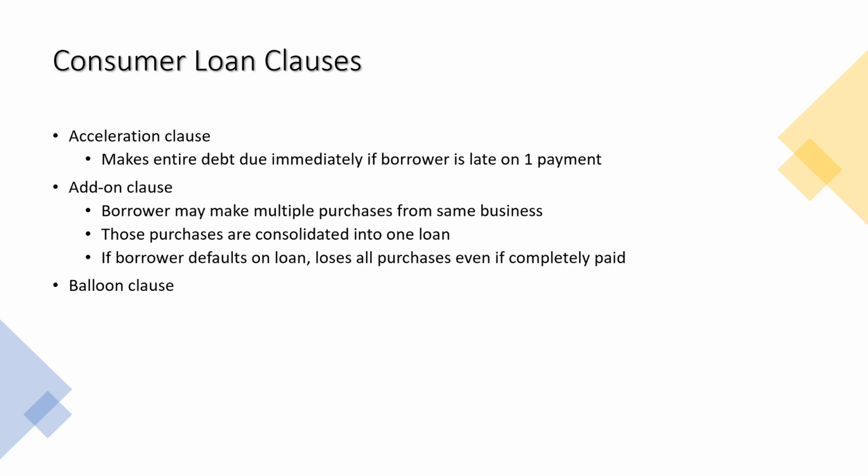But what the balloon clause does is it allows the borrower to make small payments, generally interest only, until the very last payment of the loan. And at the very last payment, the principal comes due in full. So if I had a $500,000 loan, I could every single month only pay the interest.